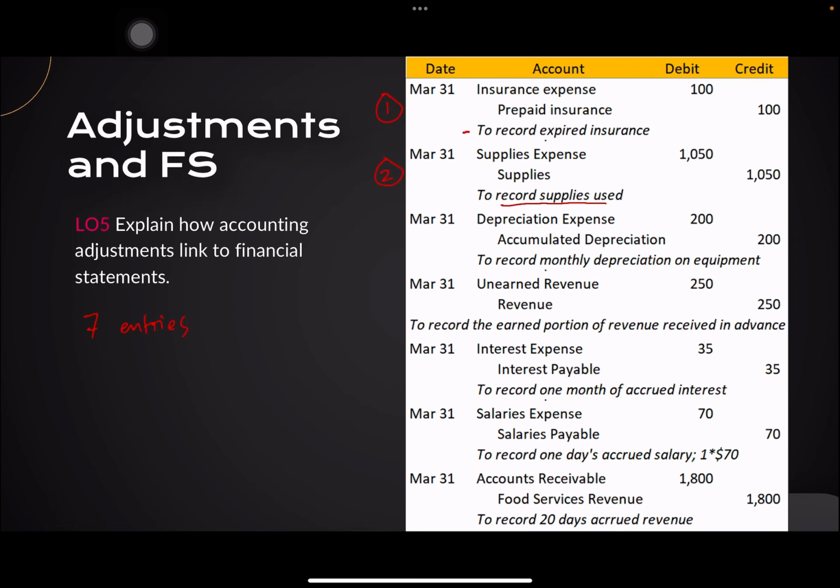Okay, so your third adjusting entry was prepared to record the monthly depreciation on your asset, specifically your equipment. So we determined that the monthly depreciation was calculated at $200. That calculated depreciation would be categorized as an expense, specifically depreciation expense.